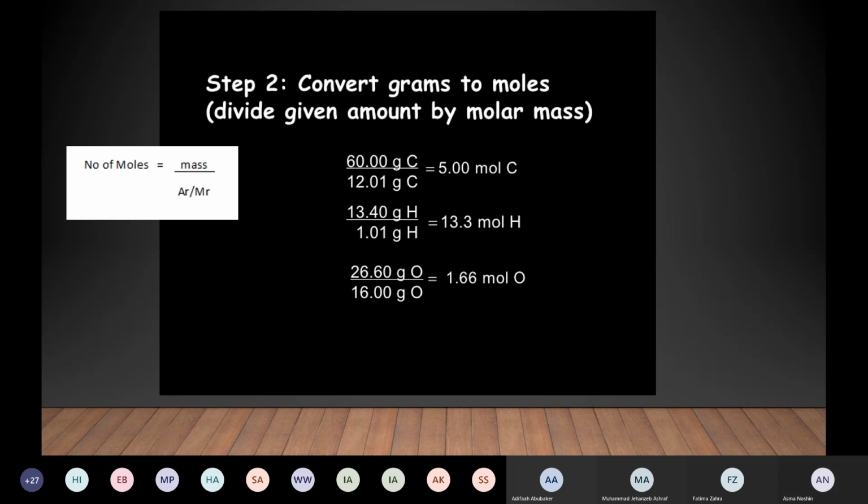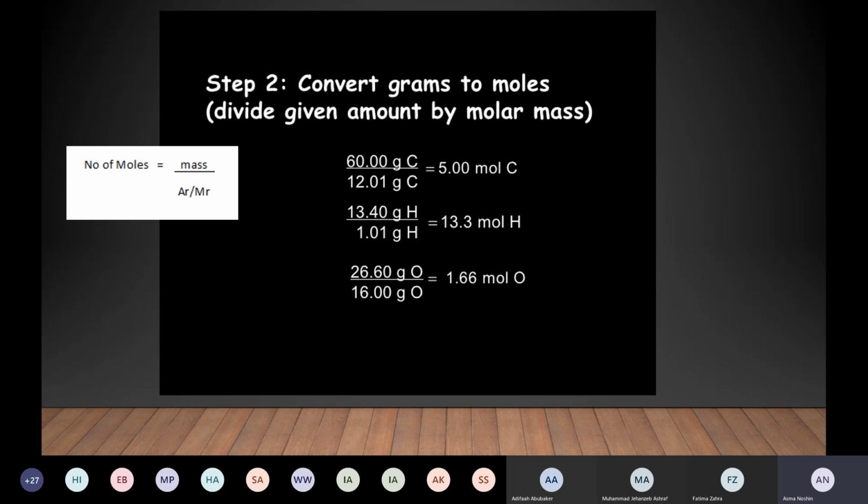So if you see, for oxygen, the mass of oxygen is 26.6 divided by the mass of oxygen from the periodic table, which is 16. Okay. So now, who will calculate?